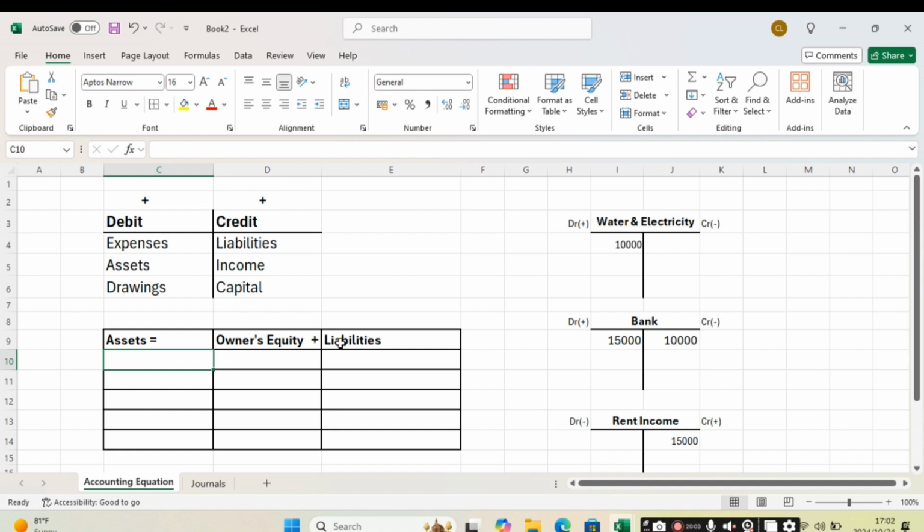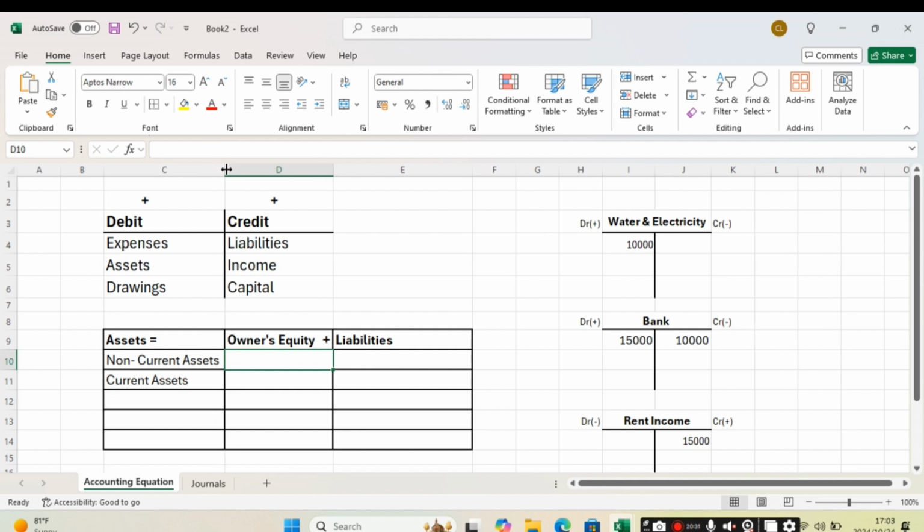We have two types of assets: non-current assets, and then we also have current assets. You can simply fix the formatting by double clicking. When you double click here, it will automatically fix all this. So we have non-current assets, and we also have current assets.